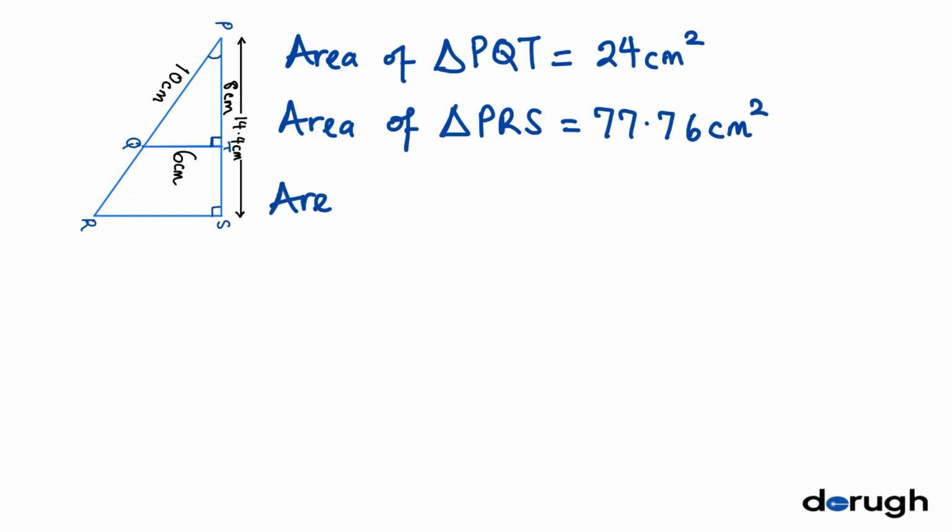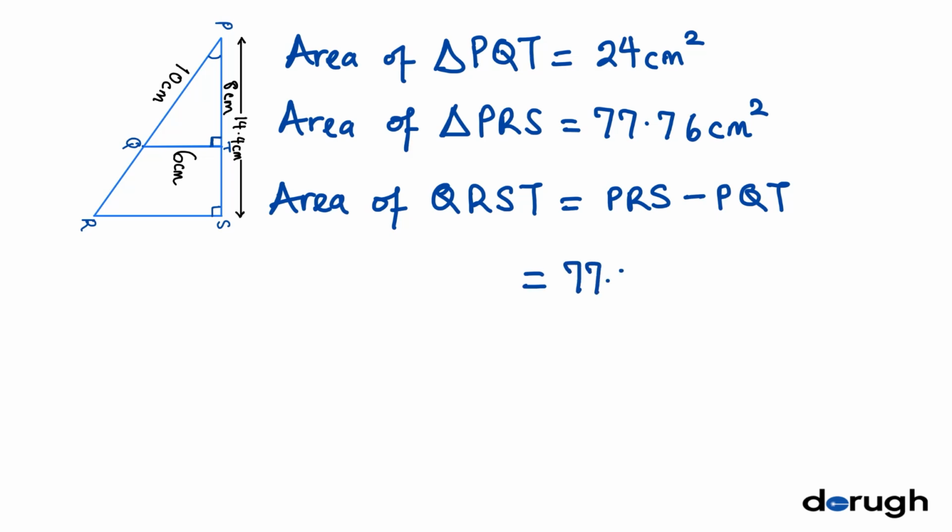So the area of quadrilateral QRST would be PRS minus PQT. Quite simply, that would give us 77.76 centimeters squared minus 24 centimeters squared, which leaves us with 53.76 centimeters squared.